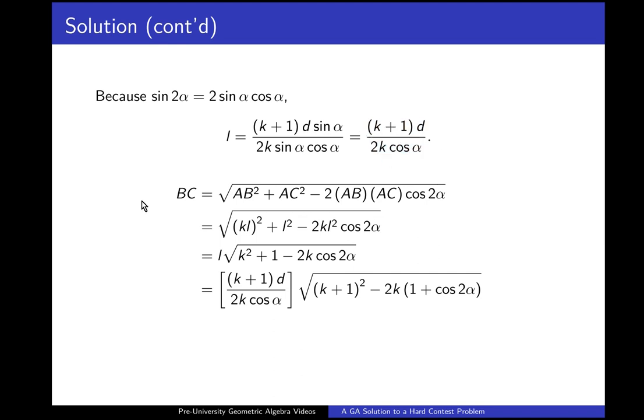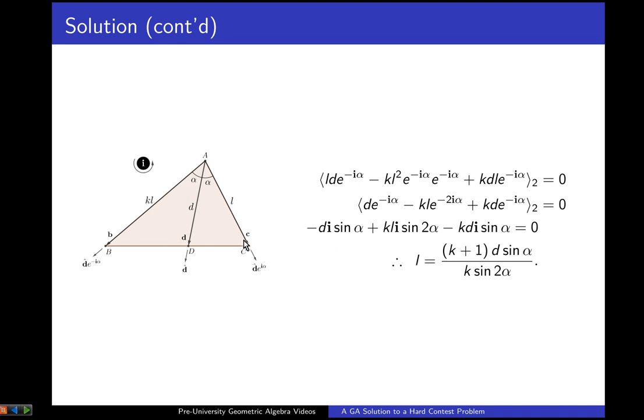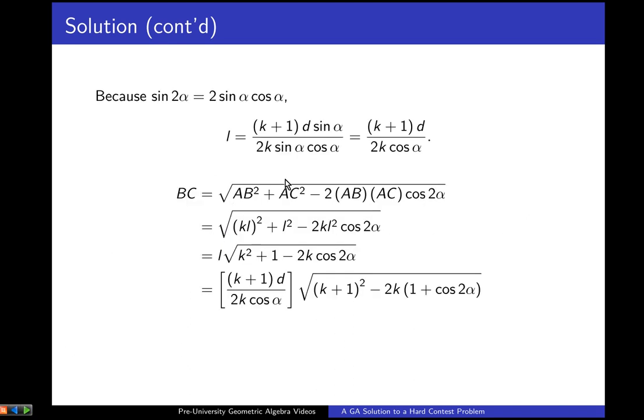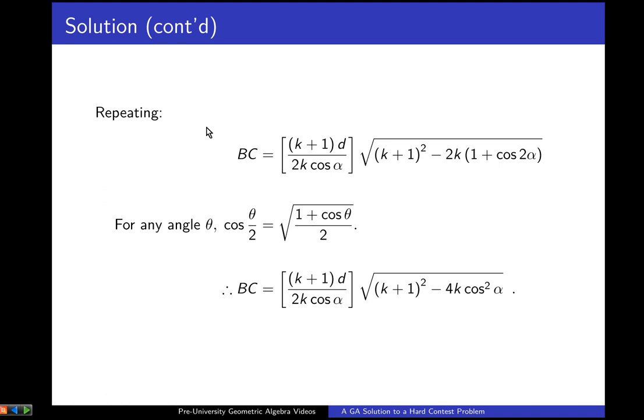And now, from the law of cosines, BC here, you can read this yourself again. We do a little algebra here and make some substitutions, and we come up with this expression, which we'll work on a little bit more. We're repeating what we saw in the previous slide.